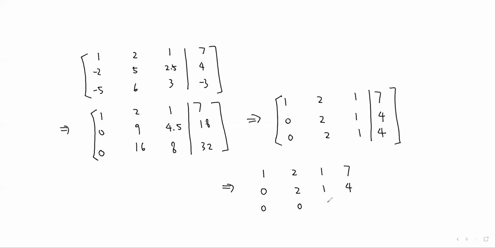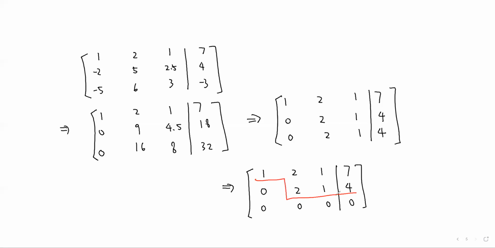Row 3 becomes a row of zeros. Now this matrix is in echelon form. Now I can answer whether or not the linear system has solutions.